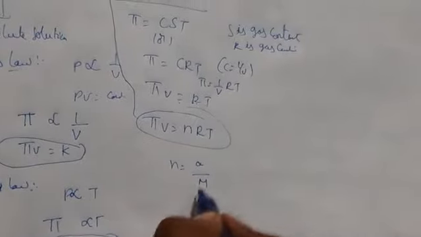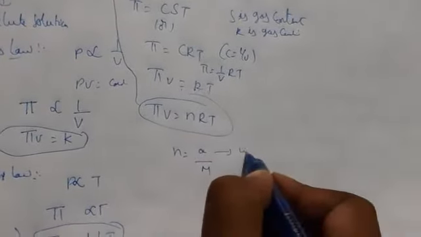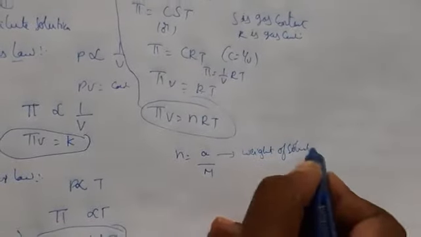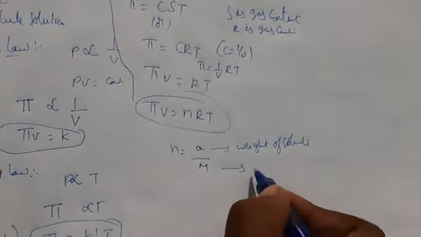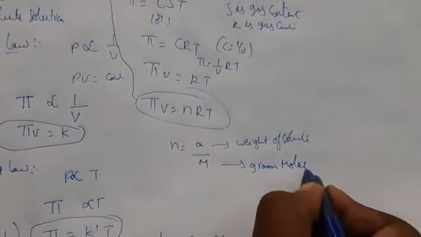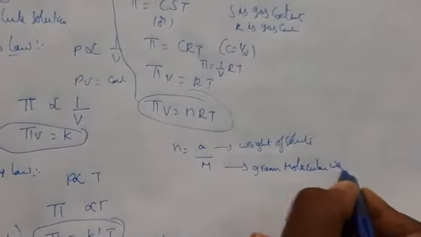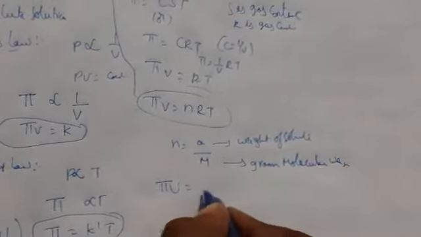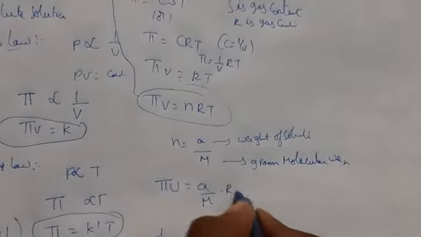A is weight of the solute, where capital M is nothing but the gram molecular weight of the solute. In the place of n we can write it now: pi V is equal to A by M into RT.